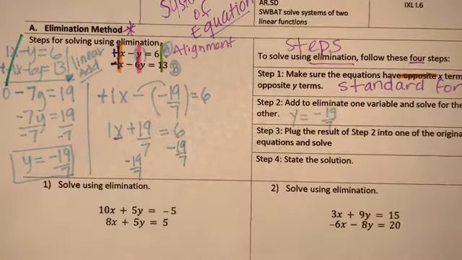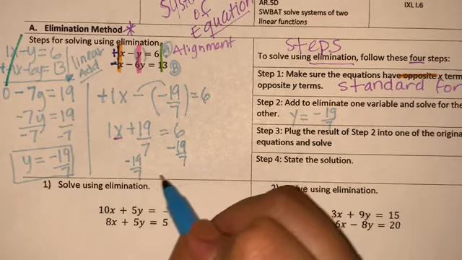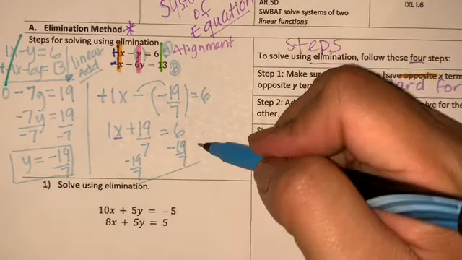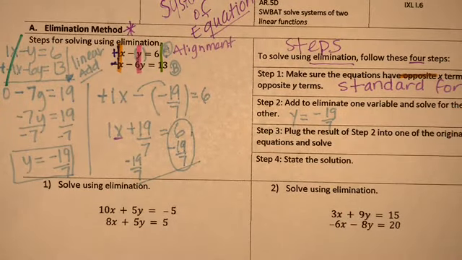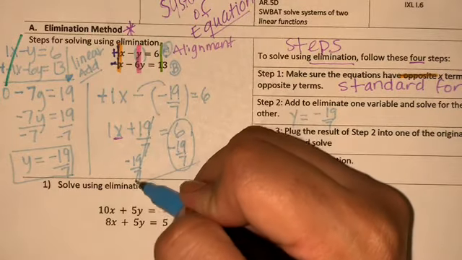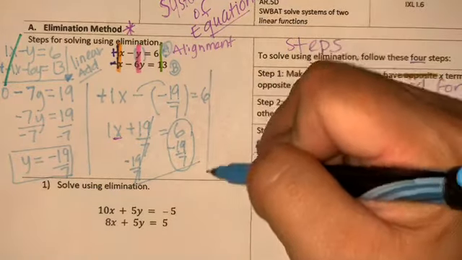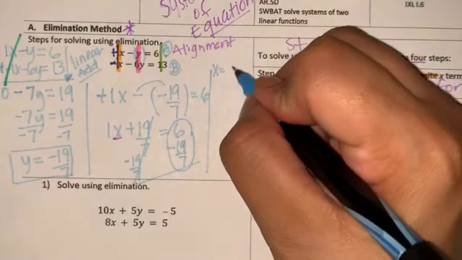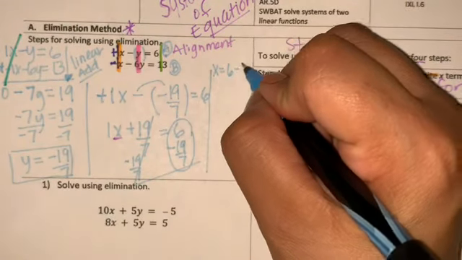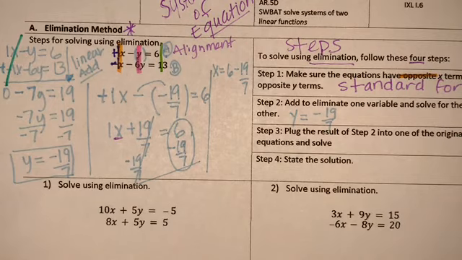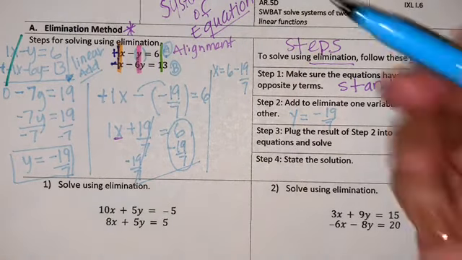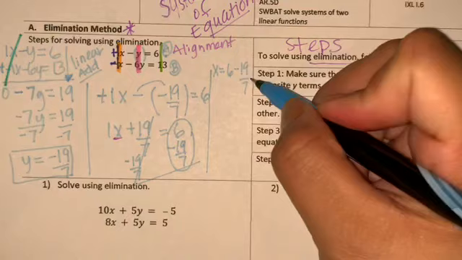Okay, here is where it becomes technical. This right here is fractions, and I'm going to show you how to simplify fractions in a second. So we know that these eliminate, and we're going to say that x equals 6 minus 19 over 7, and you have to show your work. So with the fraction, you're going to say 6 minus 19 over 7.